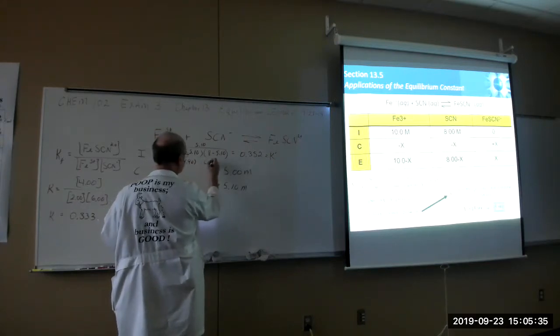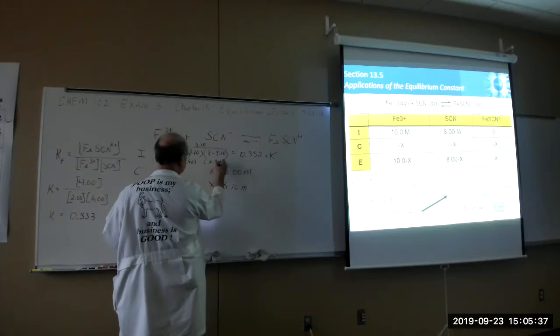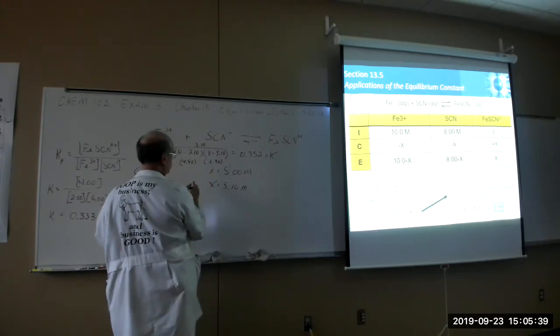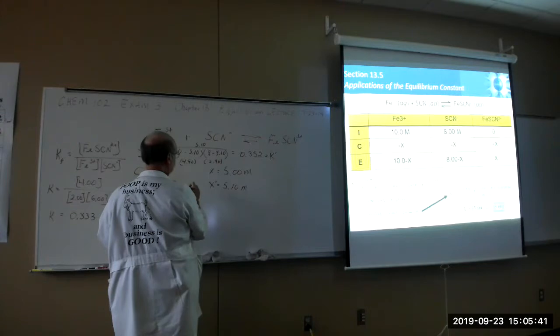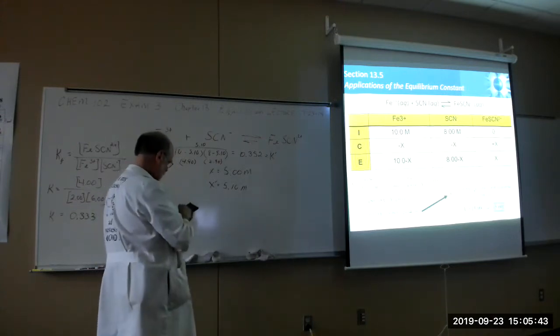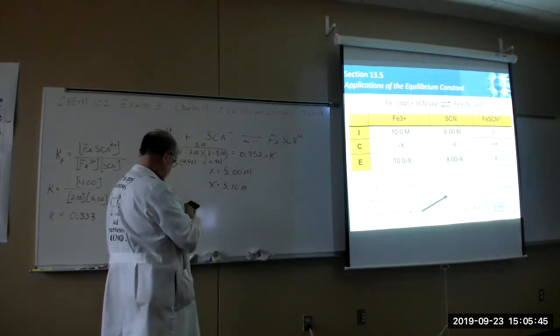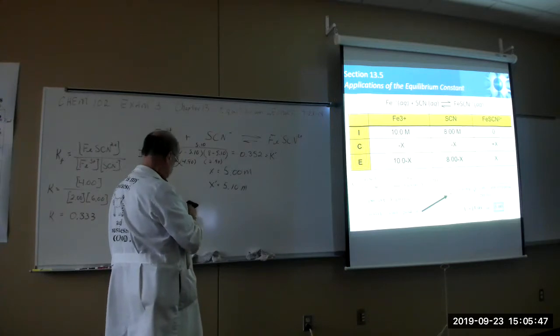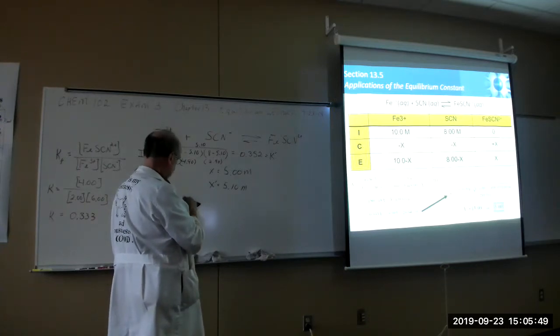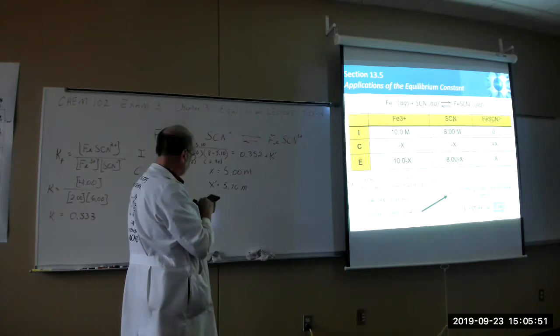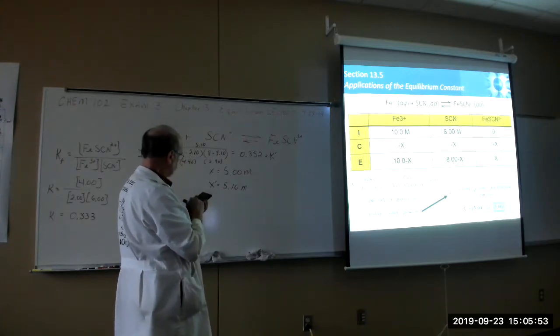And this would be 2.9. So 5.10 divided by 4.9 and then divided by 2.9. I still get 0.39.